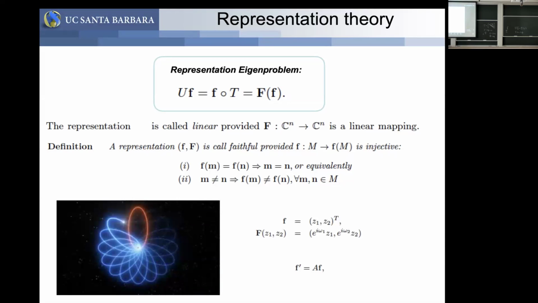Simplest example of all time: you have a torus, you have a quasi-periodic rotation of the torus. You take two functions, z1 and z2, that are describing unit circles in two different dimensions. You multiply them by e^{iω1} and e^{iω2}, and you get a linear representation of something that's evolving on a nonlinear object.